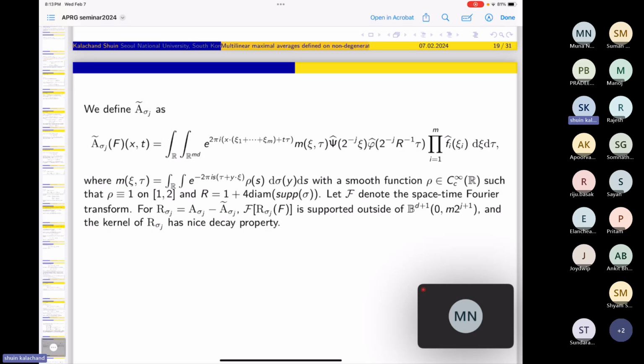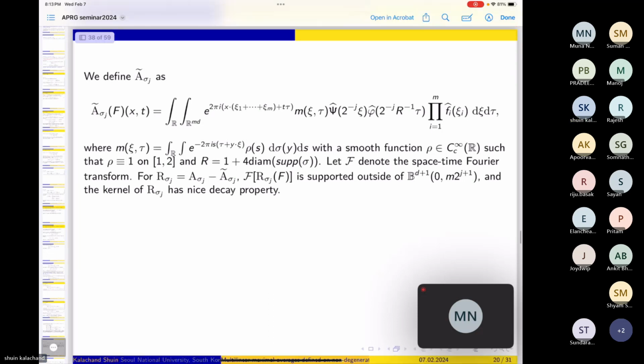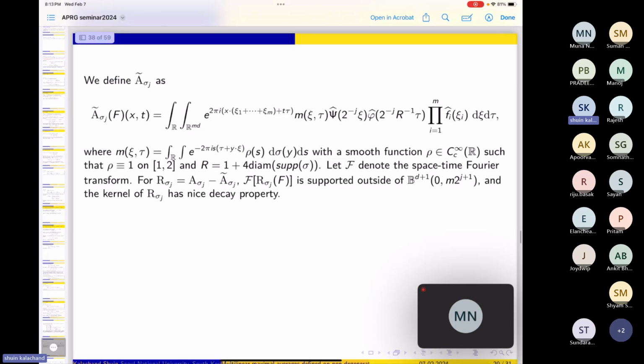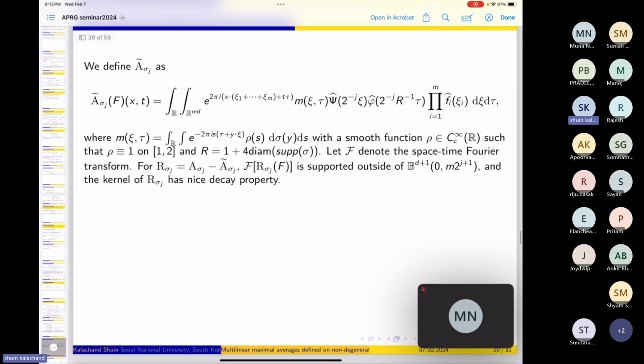Then if we consider the difference between our original operator A sigma j and this auxiliary operator A sigma j tilde, which we denote by R sigma j, you see that the space-time Fourier support of R sigma j lies outside of this d plus 1 dimensional ball of radius m times 2 to the power j plus 1.